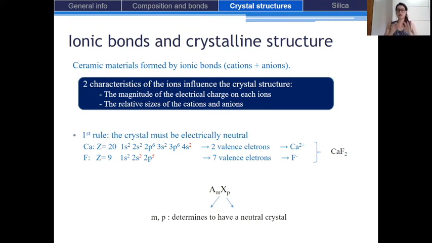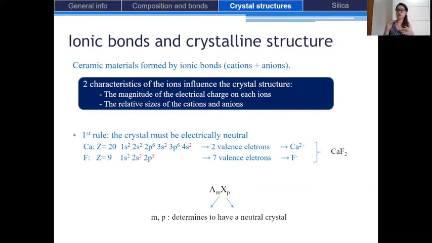So the first rule that we will have to take into account to be able to determine the crystalline structure of a ceramic is that the crystal must be electrically neutral. So let's take the example once again of calcium fluoride. So if we write down the electron configuration of calcium, and if you write down the electronic configuration of fluorine, we will see that calcium has 2 valence electrons, and fluorine has 7 valence electrons.